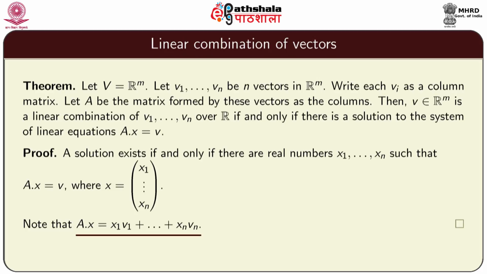But A x is nothing but x1 v1 plus x2 v2 and so on up to xn vn. Therefore, a solution exists if and only if V can be written as x1 v1 plus x2 v2 and so on up to xn vn. That means V is a linear combination of v1, v2, ..., vn over R.